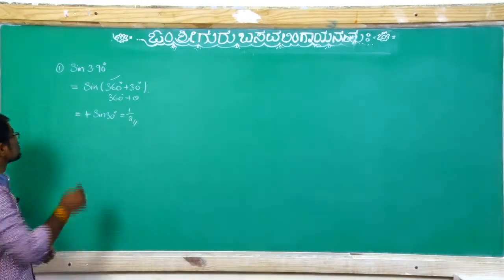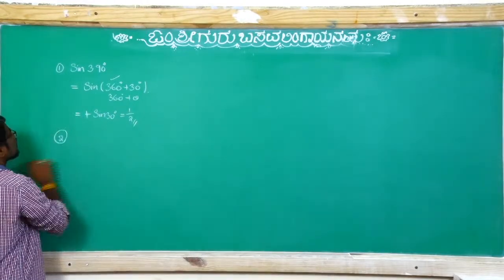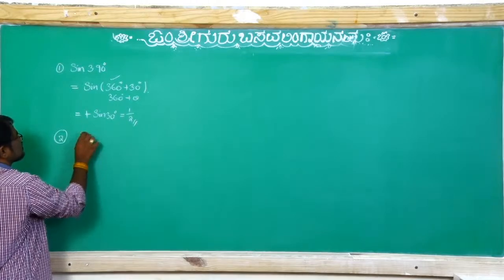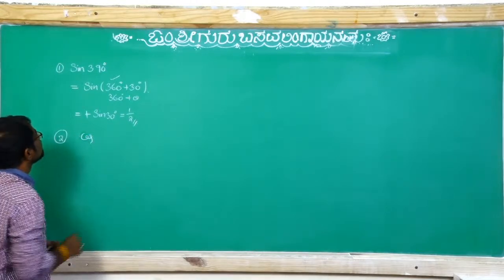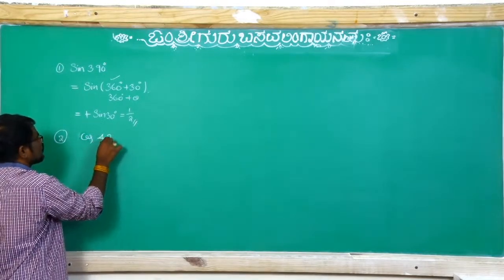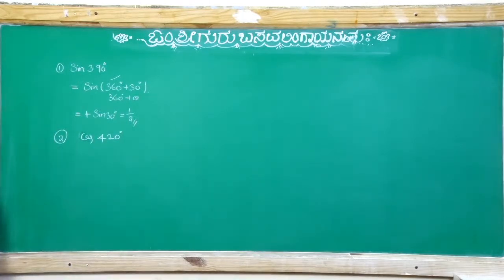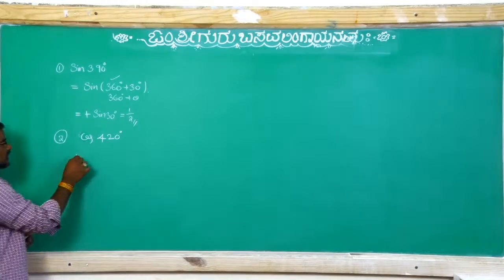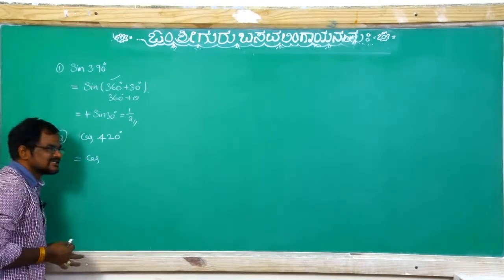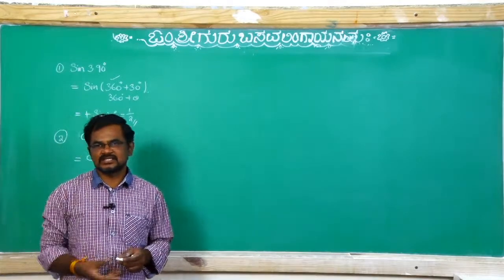Okay. Next, second one. Cos of 420 degrees. So how to do? Cos of, this is also 360 plus 60 you can write.